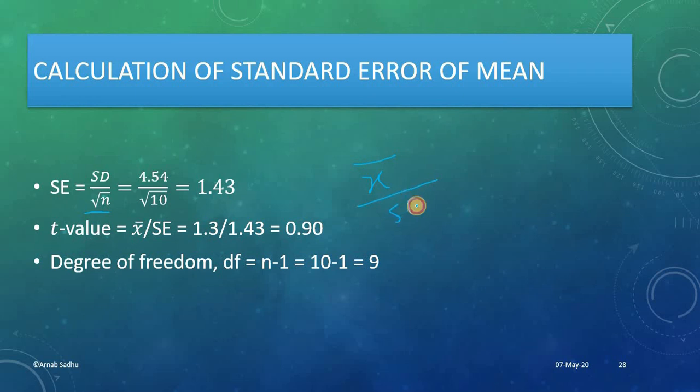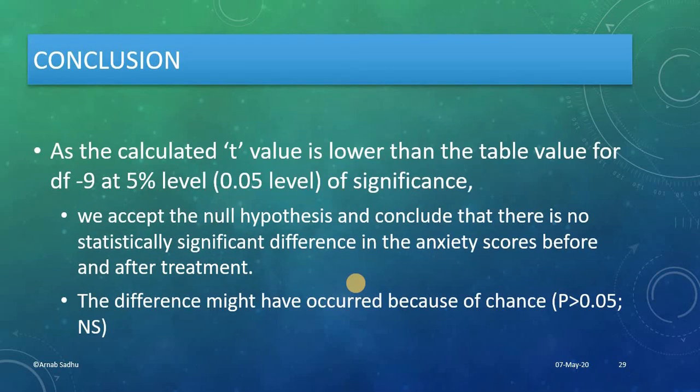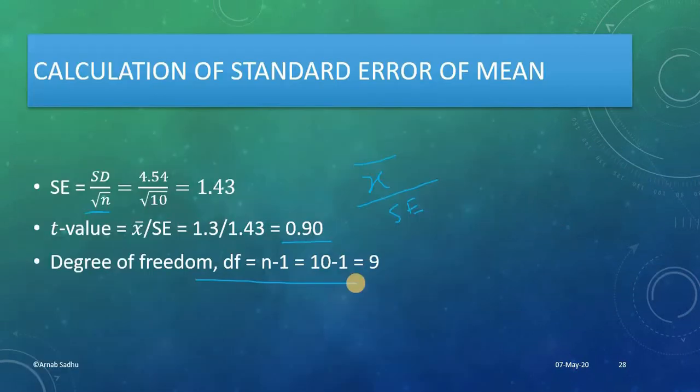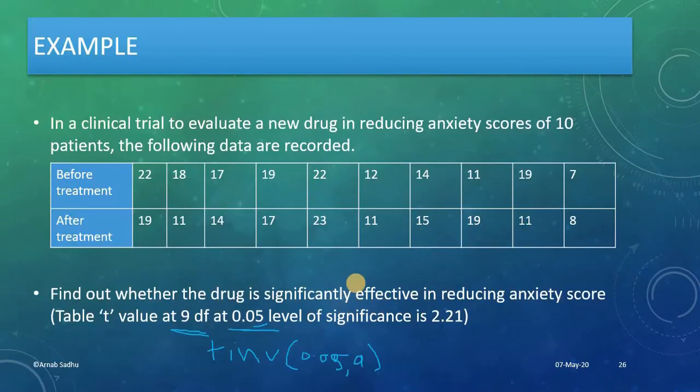So your t value here is 1.3 by 1.43, which is 0.9, and the degree of freedom is n minus 1, which is 10 minus 1 is equal to 9. So the observed t value is 0.9, and using the t inverse at significance level of 0.05, we got 2.21, that is the cutoff t value.